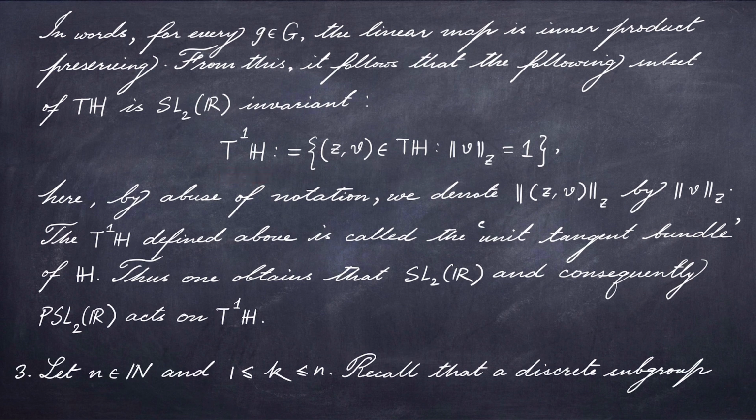And like earlier, we can immediately see that for any group element G, G and minus G both act the same on TH and consequently on the unit tangent bundle. Therefore, from the action of SL2R on the unit tangent bundle, we get the action of the projective special linear group as well.